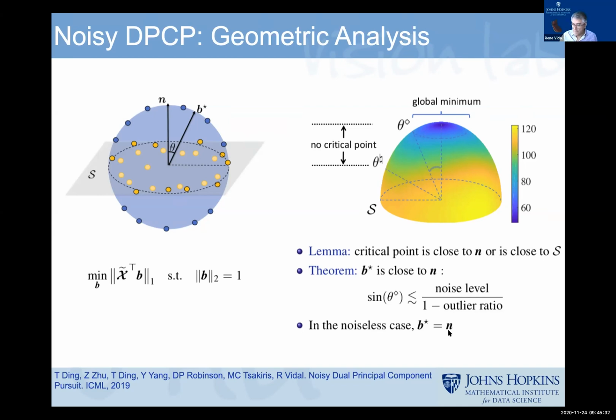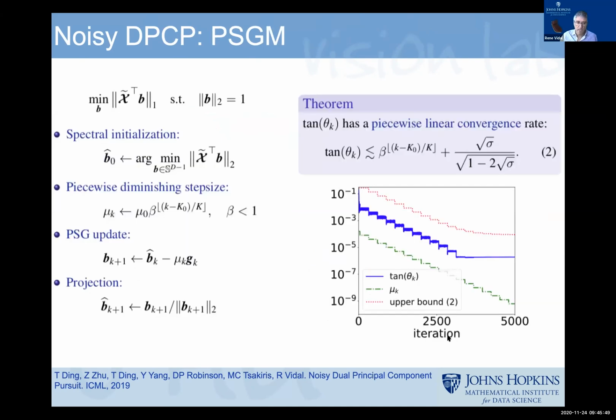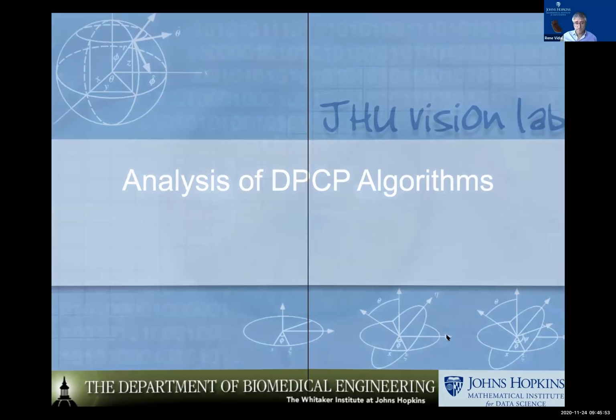The type of theorem is essentially of the same flavor as before, that you can tolerate a number of outliers that is on the order of the square of the number of inliers. Let me skip this. This is the actual statement of the theorem, but let me skip it. Let me now move to the algorithms.